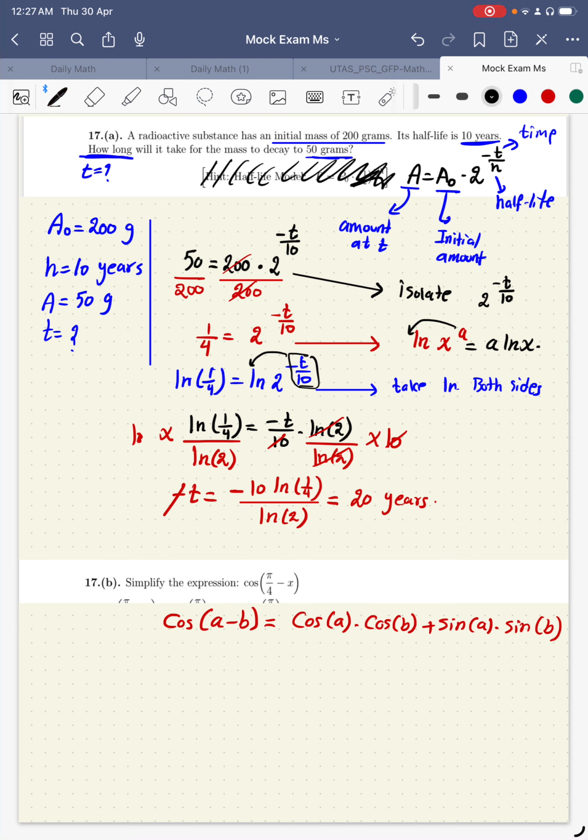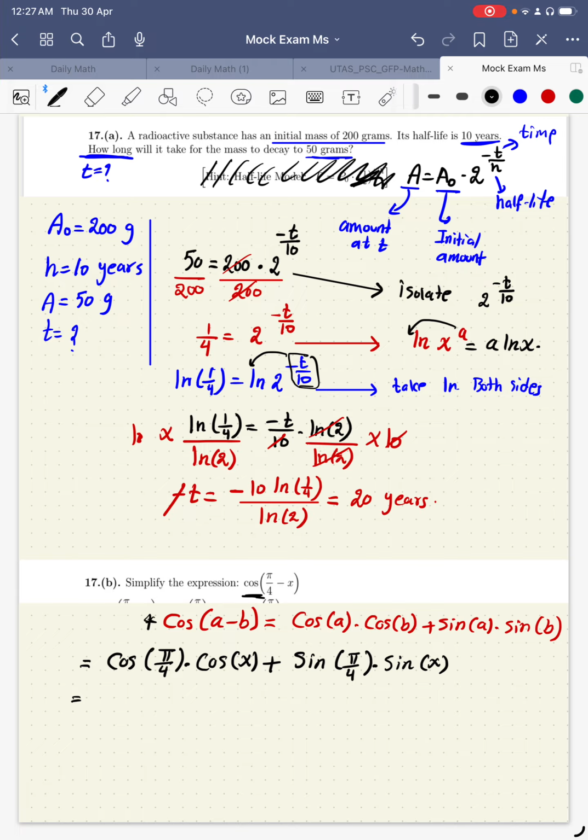So now what I'm gonna do, I'm gonna apply this identity with this one. So I'm gonna have cosine of the first one, which is pi over 4, times cosine of the second one, which is x, plus sine of the first one, which is pi over 4, times sine of x.